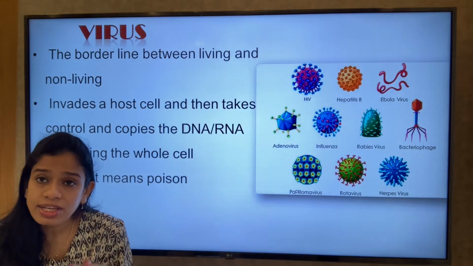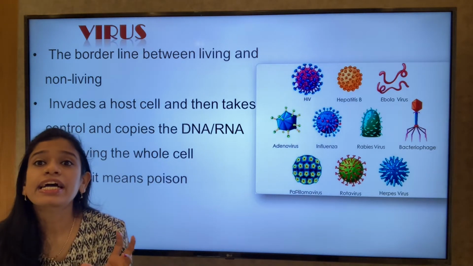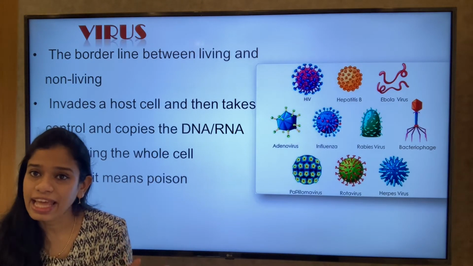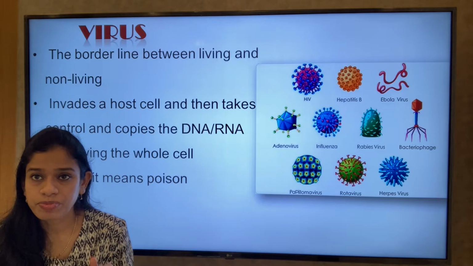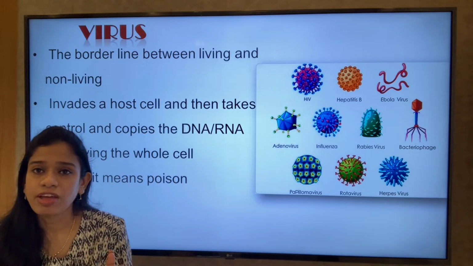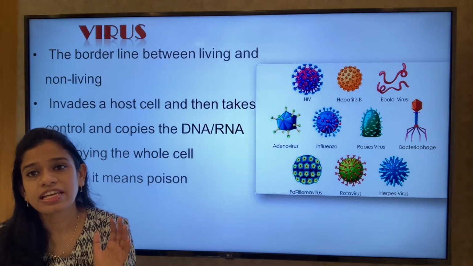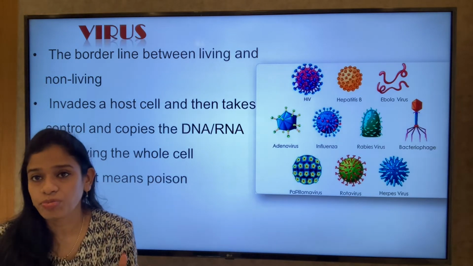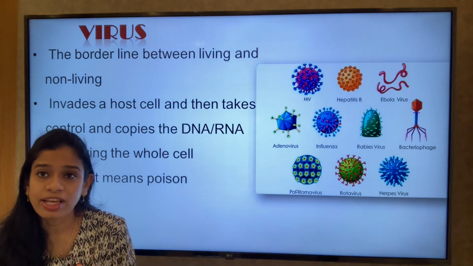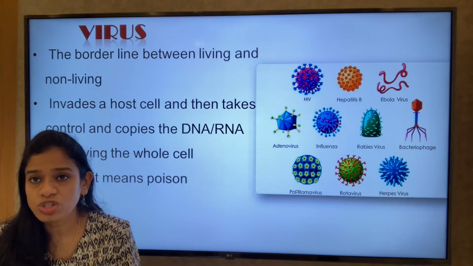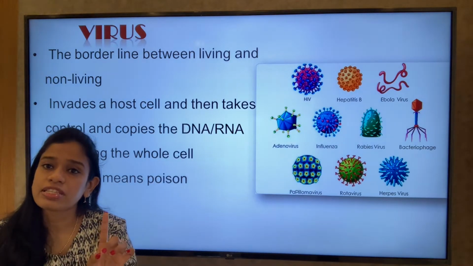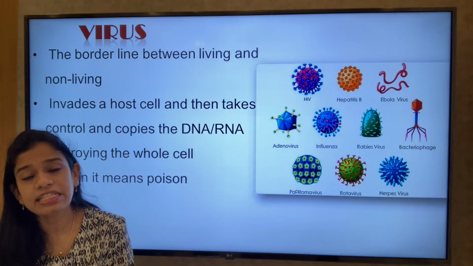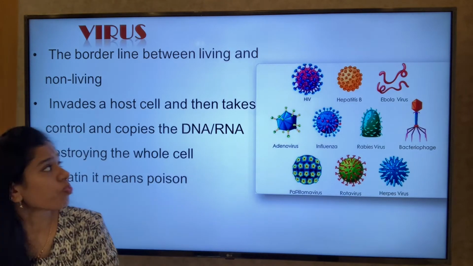It integrates itself within the DNA of that particular living being, and then it becomes alive. Before that, it is always in a sleeping, deactivated mode. It does not do anything. Once it gets into the host body, it integrates itself in the DNA of that host and becomes alive and then starts causing the disease.